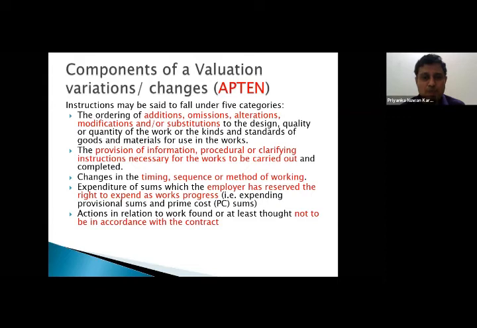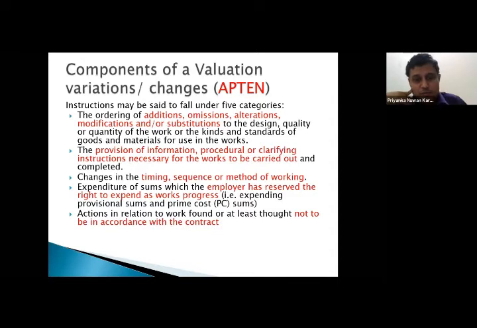If the approving authority overlooks the procedural requirements which is not contained within the specification, definitely in order to abide by the law of Oman, you have to include that procedures. That will attract additional cost. So this is also a variation or a change. Then changes in timing, sequence or method of working, which you are very aware of, which is very common and which is already contained within the variation clause as well.